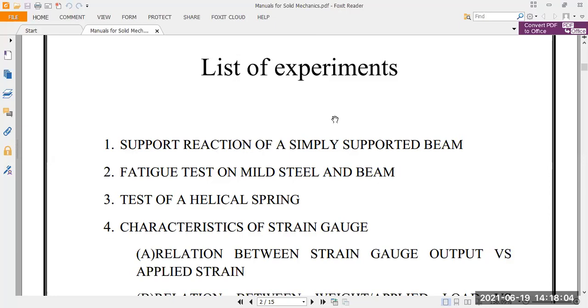Good afternoon, everybody. Now, let us start our solid mechanics laboratory class today. Since the university has not yet given us the syllabus, we are going through the syllabus of advanced strength of material that we got from Ramgarh Engineering College, which was taught to them in Binoba Bhave University, and they have the experiments all right.